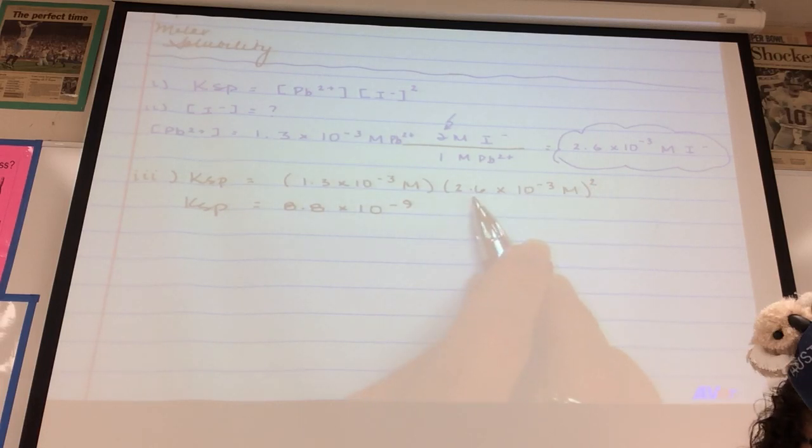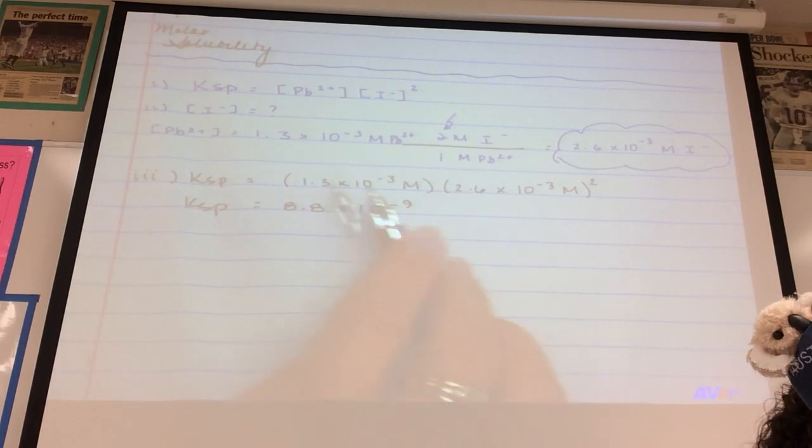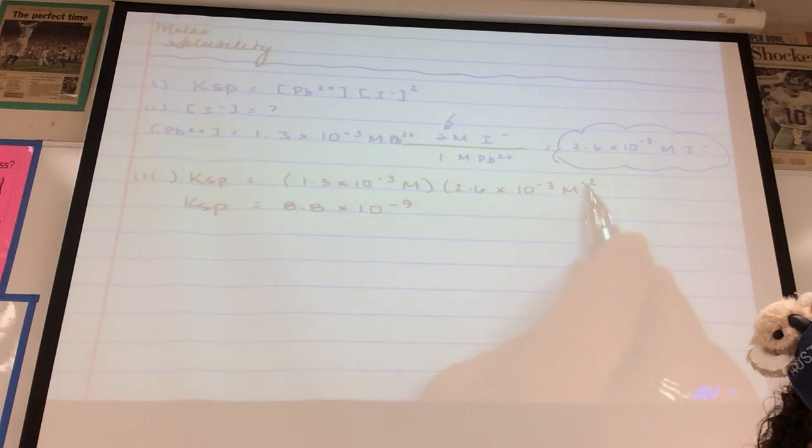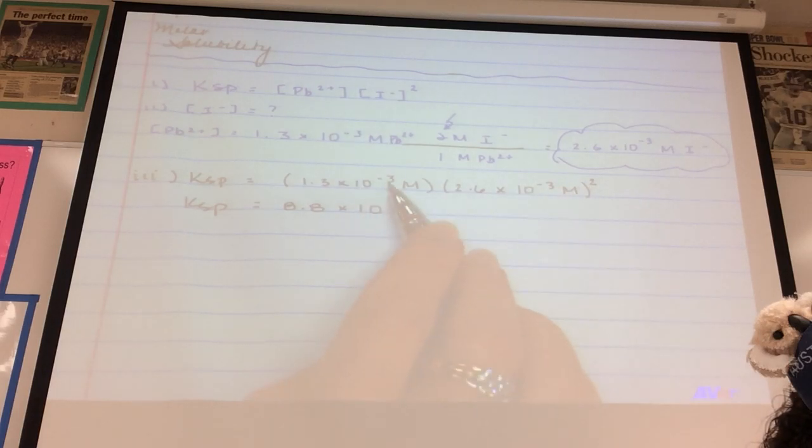So let's say you were at like 6 or 7. It doesn't really matter. And then you multiply by this. Now you're in about the 8 range. 10 to the negative third times 10 to the negative third, which is squared. 10 to the negative third squared is 10 to the negative 6 times 10 to the negative third. Add those exponents. So make sure you can do some of it in your head.